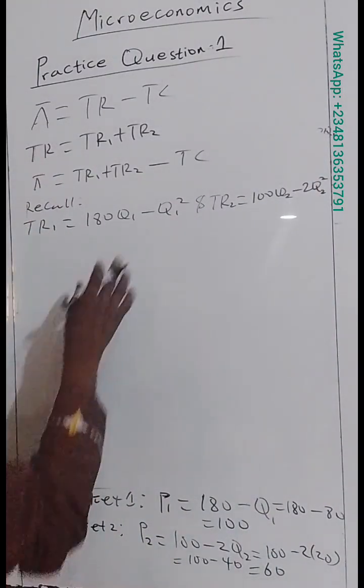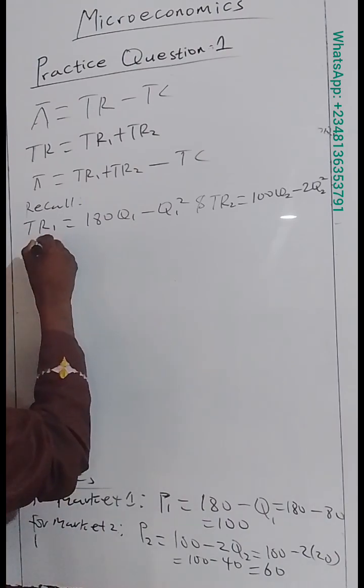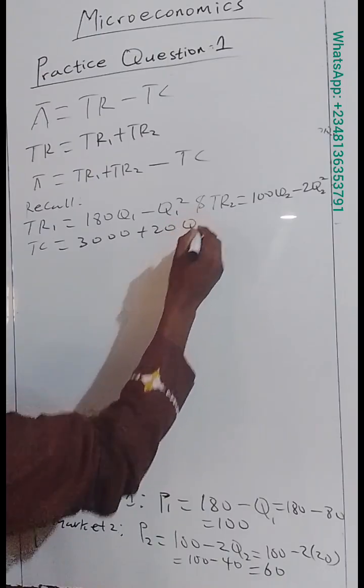You recall that, so we are going to put that in this formula. Also recall our TC equals 3000 plus 20Q.